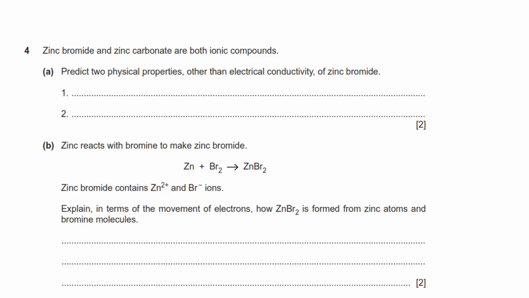It says predict two physical properties other than electrical conductivity of zinc bromide. So it is an ionic compound. Ionic compounds have high melting point, high boiling point. They are soluble in water, insoluble in organic compounds, and things like this. So for zinc carbonate and zinc bromide, you can just simply say number one, high melting point.